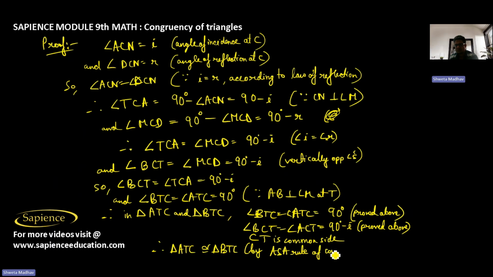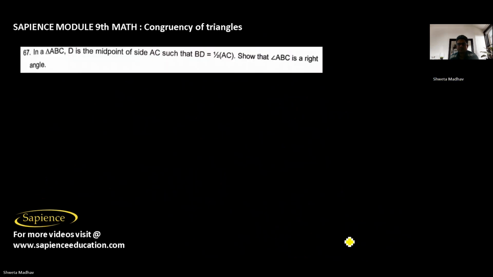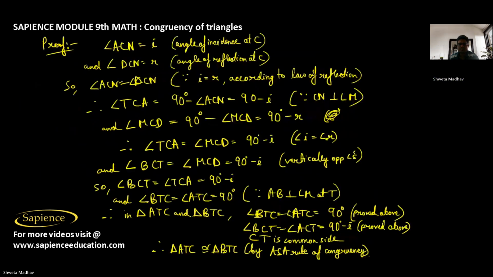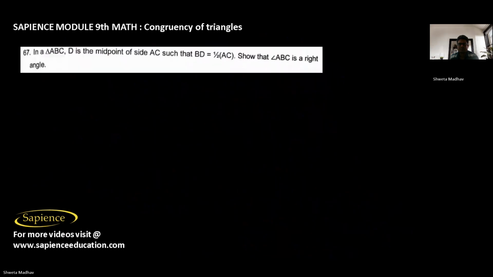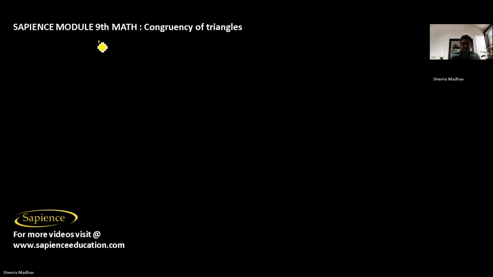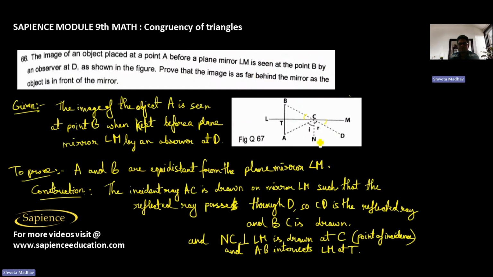So therefore, we can say that AT is equal to BT by CPCT.